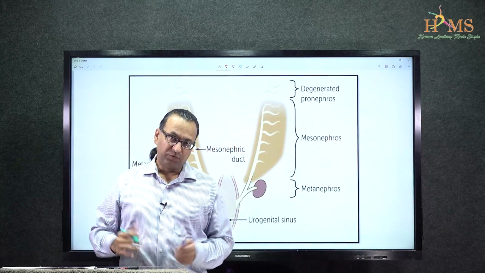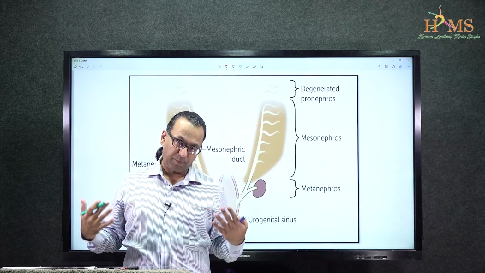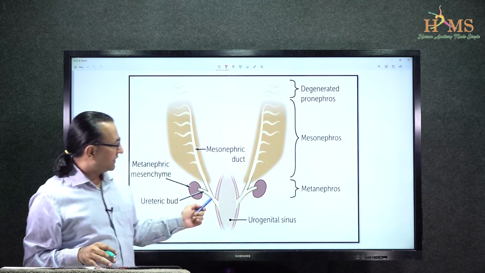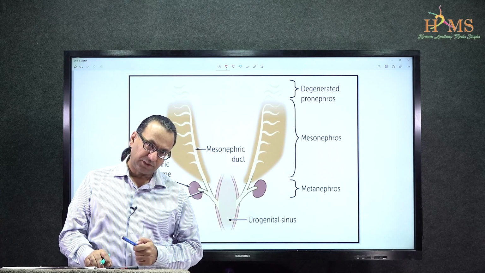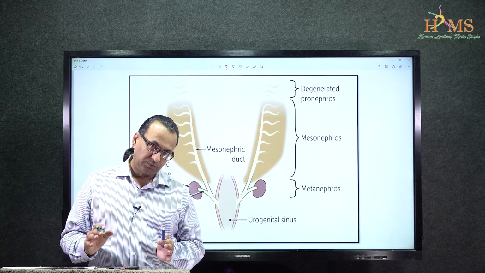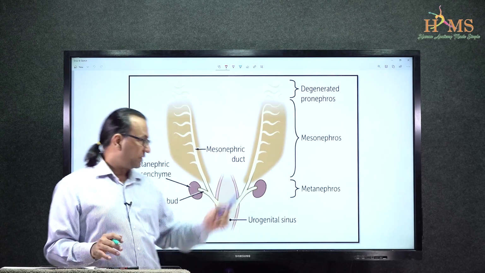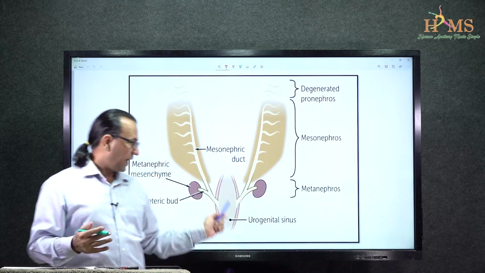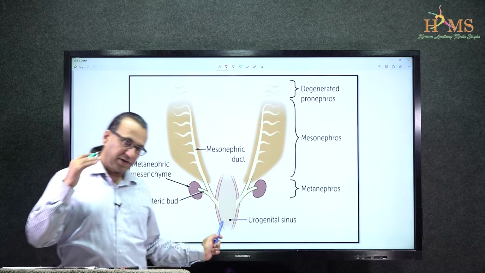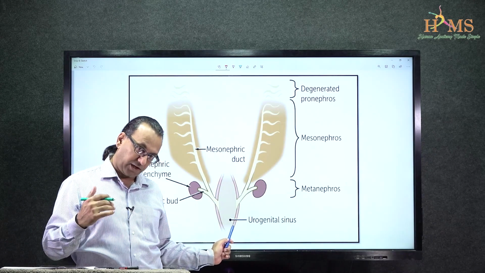Now, this is the front view of the developing embryo, and you will see this diagram is talking about the genitourinary system. Major portion of the genitourinary system develops from the mesoderm, but terminally there will be some contribution from the endoderm also. It is the terminal part of the gut tube, that is the hindgut.